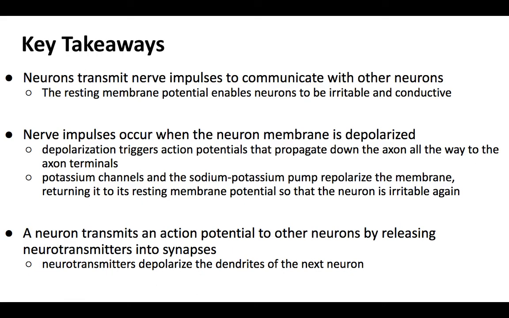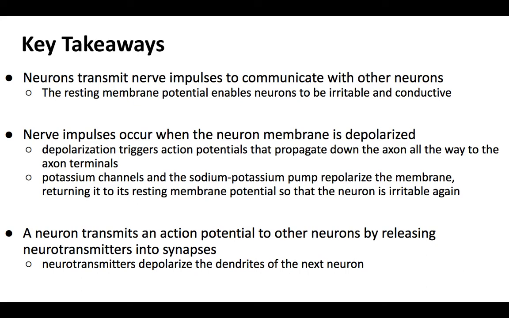Here are your key takeaways. Neurons transmit nerve impulses to communicate with other neurons, and the resting membrane potential is what enables neurons to be both irritable and conductive. Second, nerve impulses occur when the neuron membrane is depolarized.